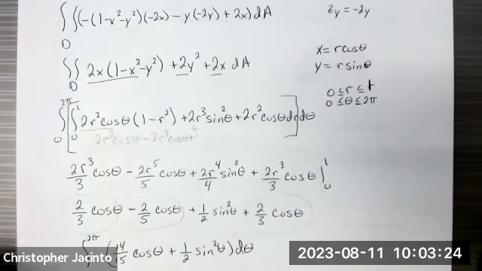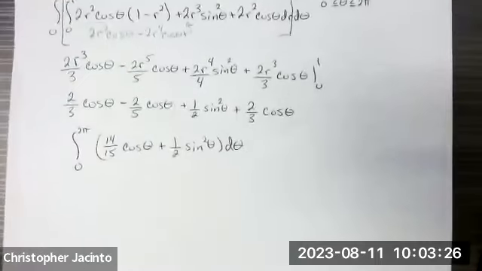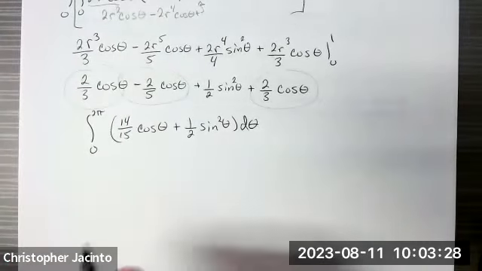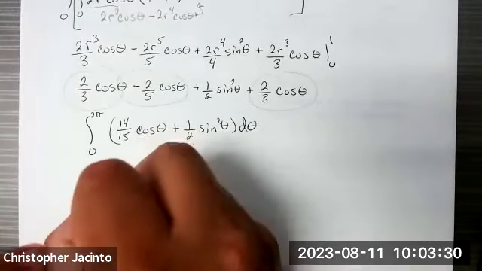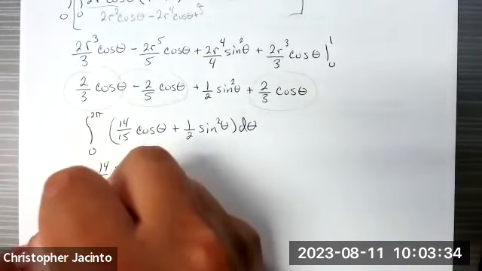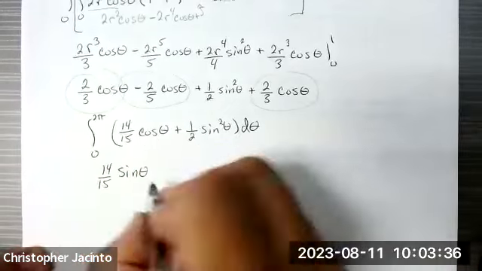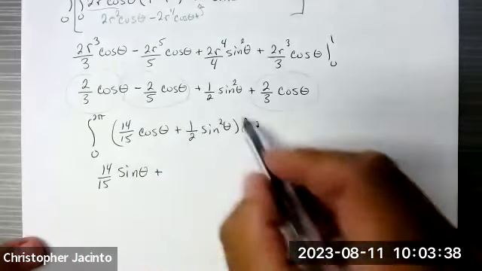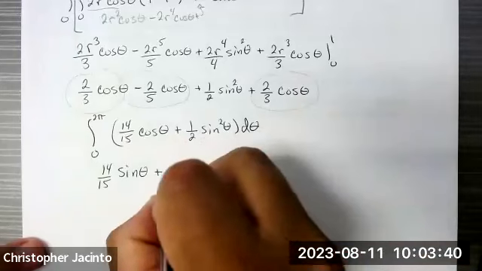So notice this actually is not bad. You know, the setup was the difficult part. Integral of cosine, positive sine. So 14/15 plus, we've been doing this so many times, right?